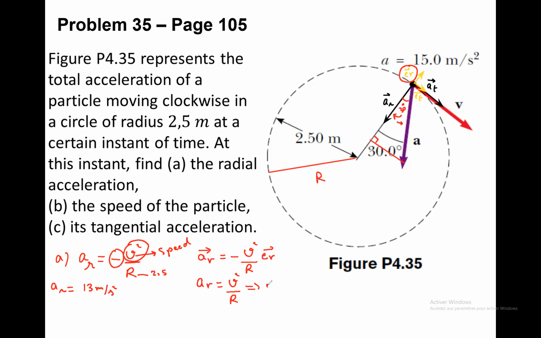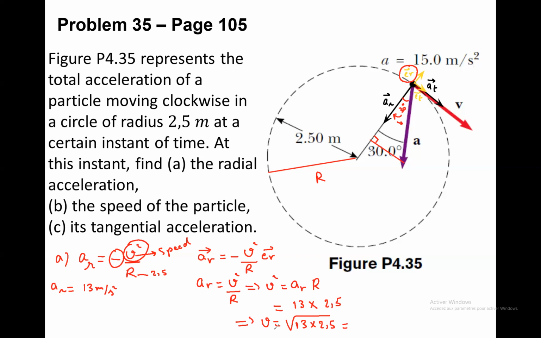So V square equals AR times capital R. We calculated AR equal to 13, and R equal to 2.5. So V equals the radical of 13 times 2.5.